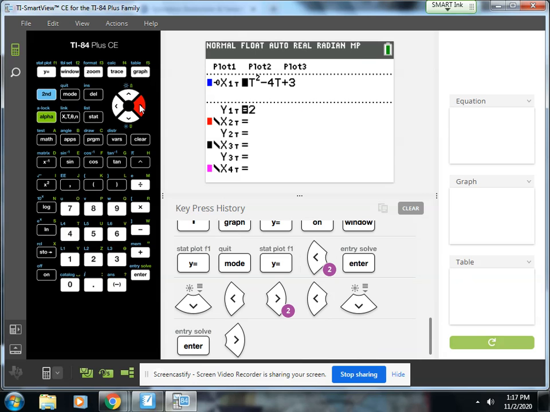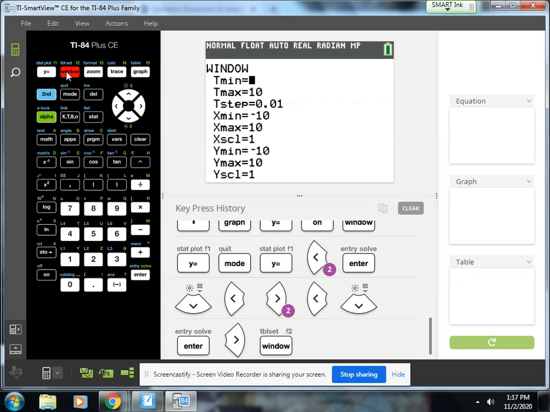The other thing we need to check on is the windows. So I'm going to hit the window key up here, because if you recall from the question, it said t was greater than or equal to 0, so I want to make sure that my t min is set to 0. My t max, I just want to be something bigger. Don't make it too big or your graph will be running a long time before it runs out.